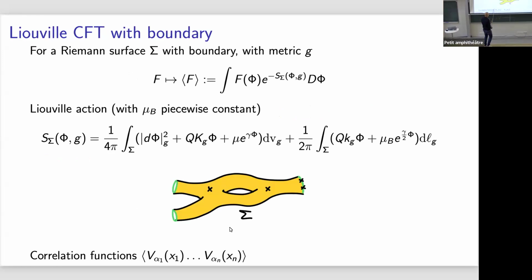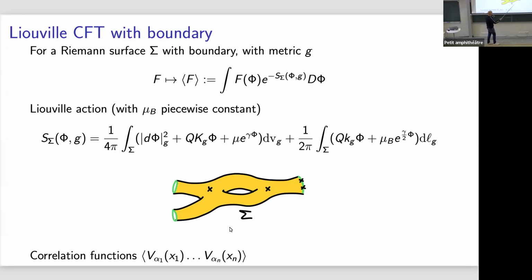There will be several colors in my talk, and they matter. Now you want to compute the partition function of the Liouville theory on Riemann surfaces that are open. They are completely different from the surfaces with boundaries that I was talking about a few minutes ago, because here this green color means that you have a potential on the boundary, and the fields you integrate over fluctuate on the boundaries, whereas for the amplitude, the field was constrained to be equal to something on the boundary before.